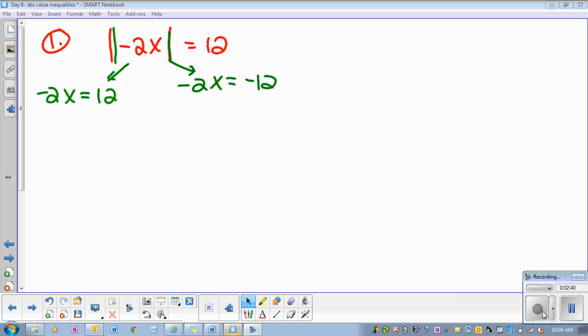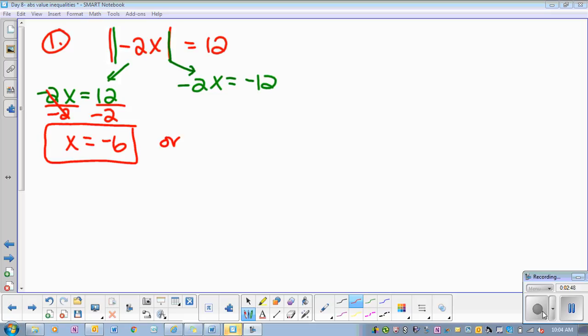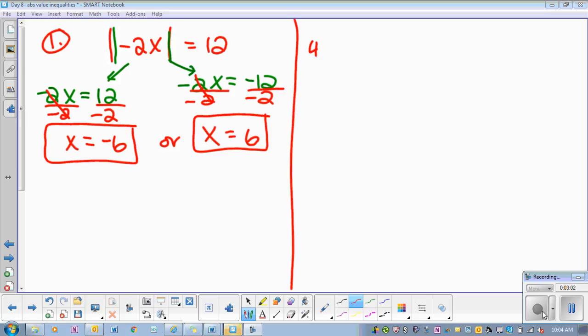So then let's solve this. Divide by negative 2. X equals negative 6. Divide by negative 2. Get x equals 6. Okay?